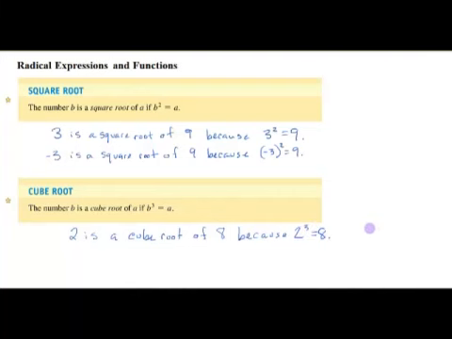Now, 8 is not going to have also a negative cube root because if we place -2 in parentheses and cubed it, we would have a -8, not a +8. So we only have positives and negatives when we have square roots. The only time we would have a negative cube root is if we were taking the cube root of a negative number.